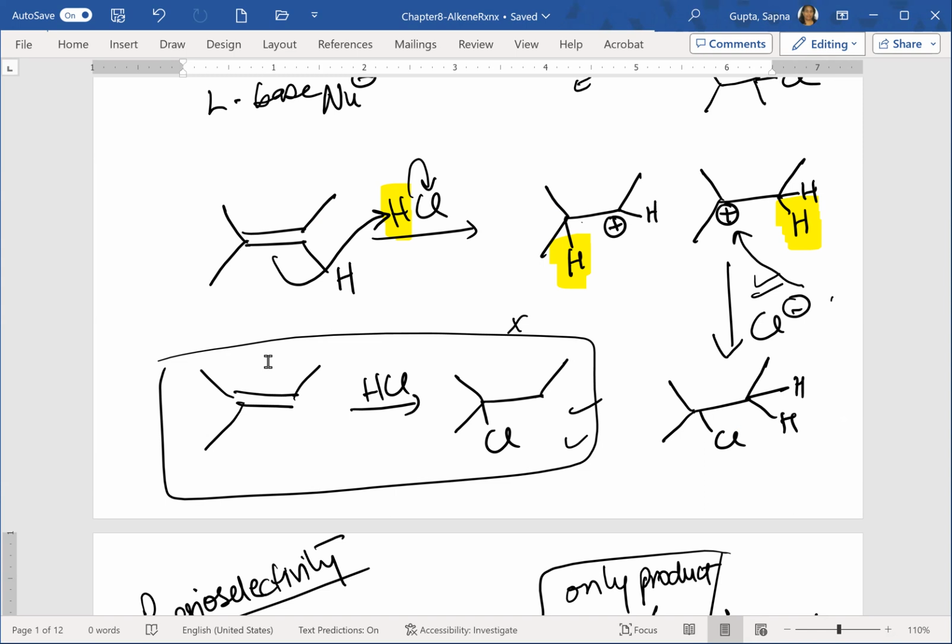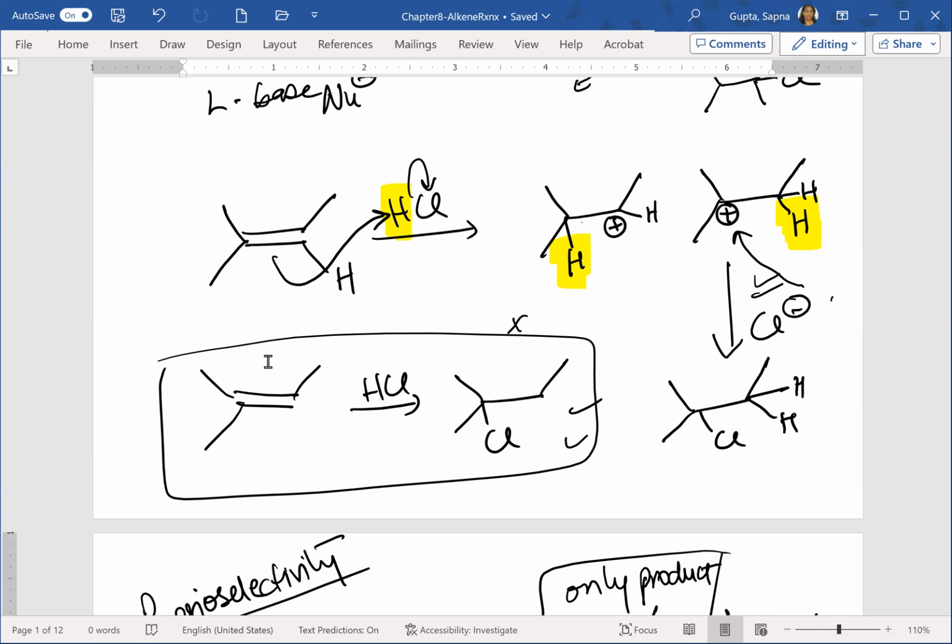It means that the mechanism we are following is a carbocation mechanism. Let me give you my disclaimer right now: anywhere that we will have a carbocation, I will be writing the mechanism. Some of the other mechanisms I don't follow so much, but whenever there is a carbocation, I will do the mechanism, because carbocations give us different kinds of products.